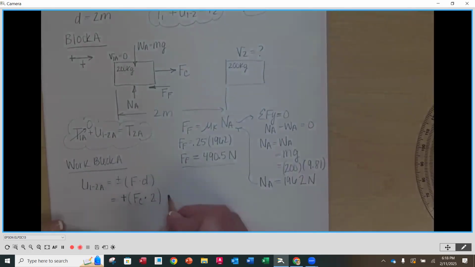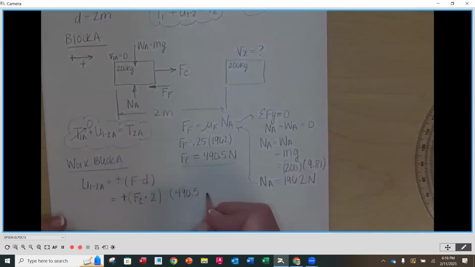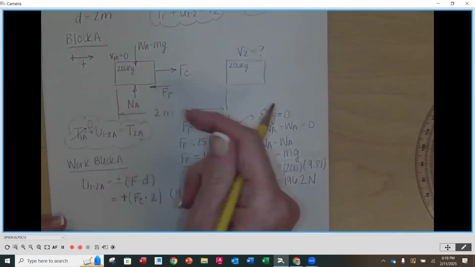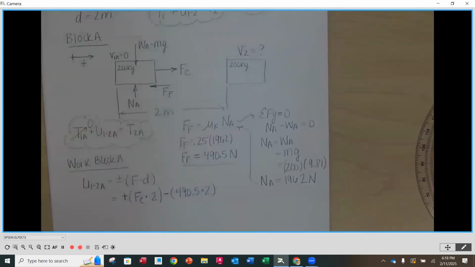And then we're going to have the friction force. The friction force we know to be 490.5 newtons. And we're going to multiply that by 2. But notice the direction that it's pointed in. It's going back in the opposite direction. So that's going to be minus 490.5 times 2.